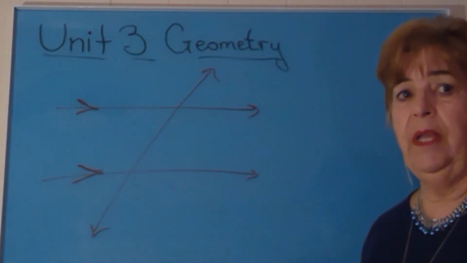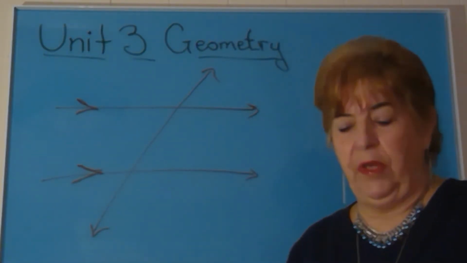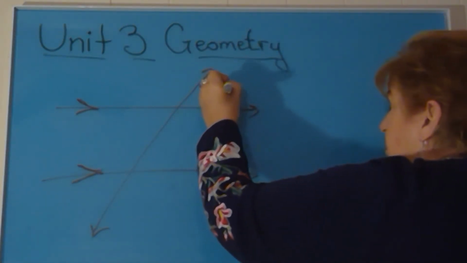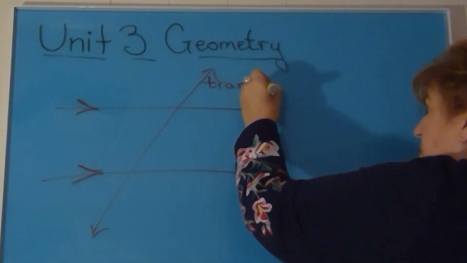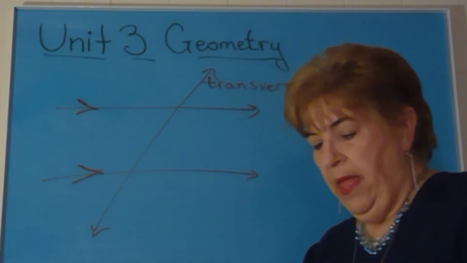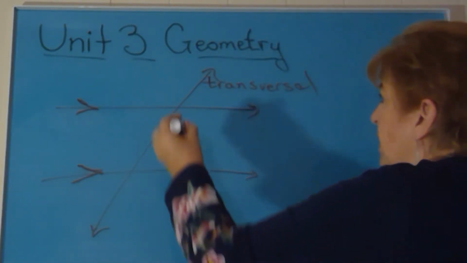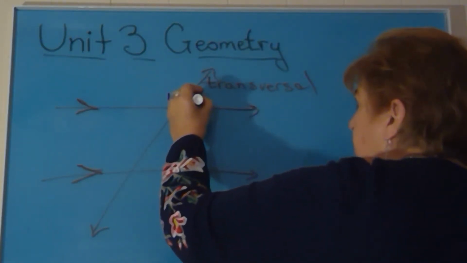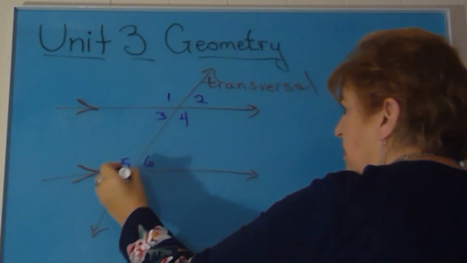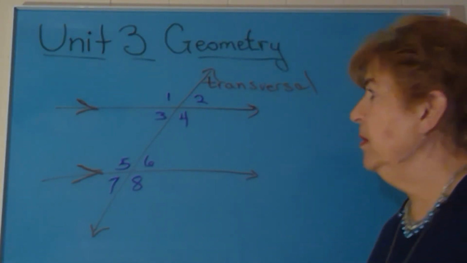If those are parallel, these angles that are formed by the third line, which is called a transversal, have special properties. If I number these, we have 8 angles there.